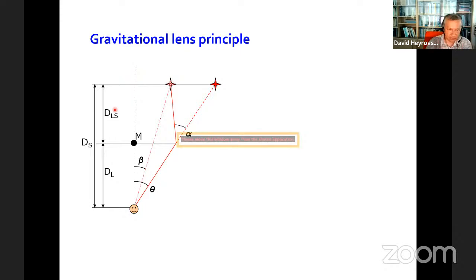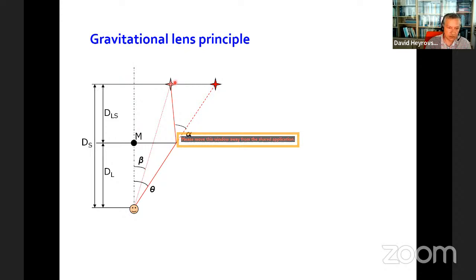And the massive object which is along the line of sight is not the sun, but it's some other astrophysical object. And in the regime of microlensing, the source will be a star in our galaxy, typically a star in the galactic bulge. And the massive object in between, which acts as a lens, will be another star or a stellar system.